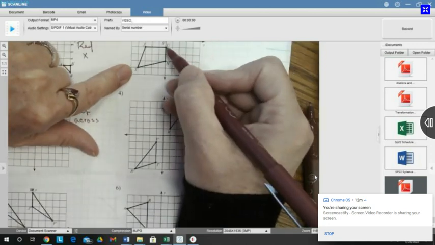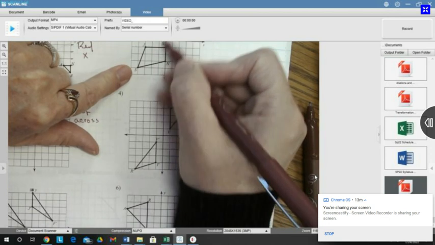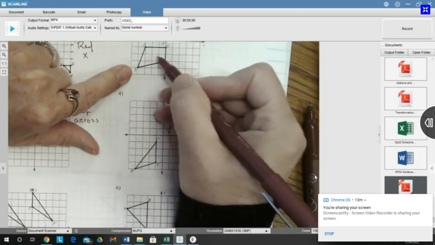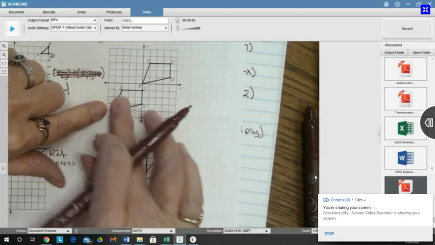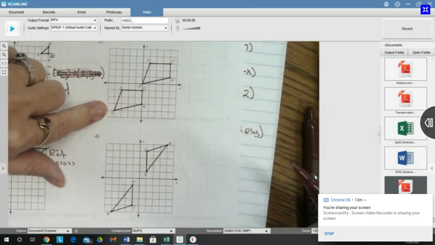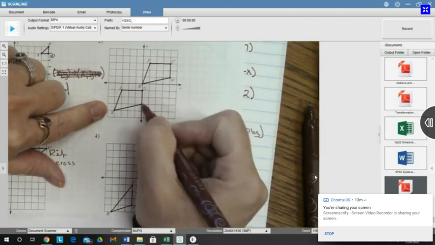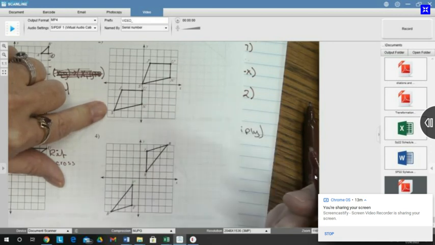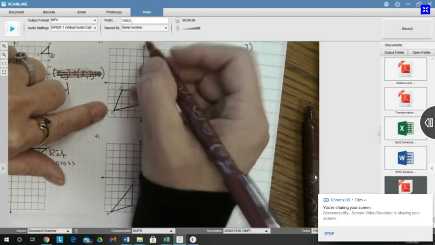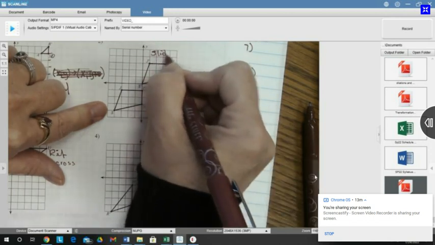From U to U prime, same position. Both of them are in the same exact orientation, right? UN has a slope of undefined. It hasn't flipped. It hasn't turned. This is a slide, a translation.